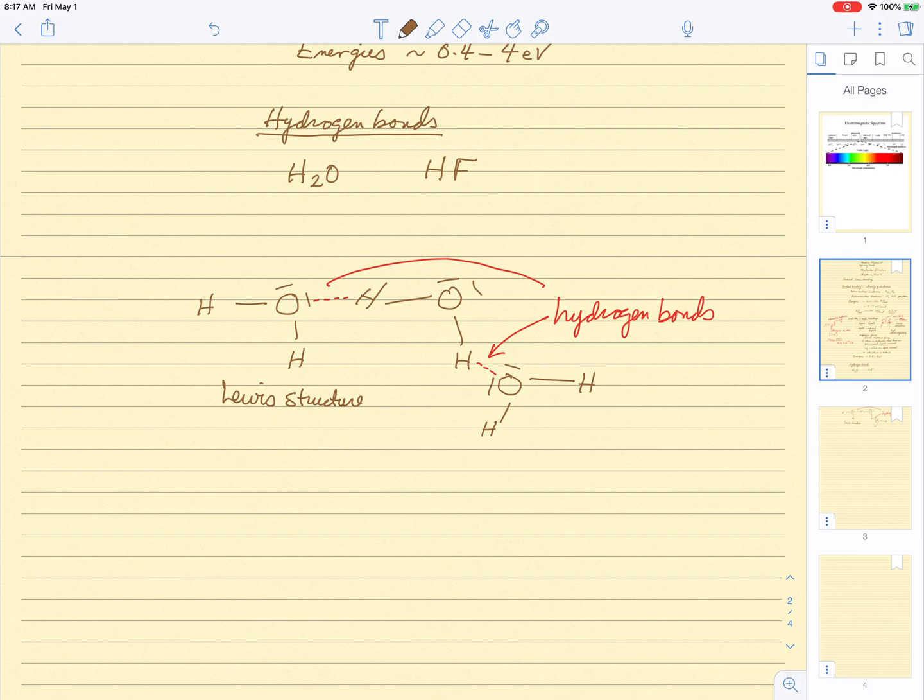HF has the same kind of hydrogen bonding between the highly electronegative fluorine and the hydrogen of other hydrogen fluoride molecules. The energies here, although small, are very significant, and they're on the order of 0.1 electron volt per bond.